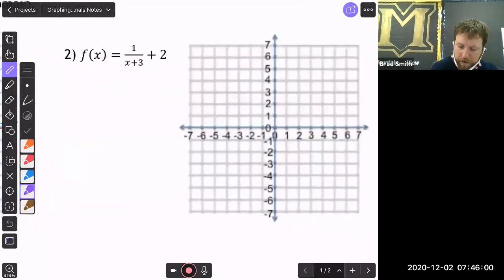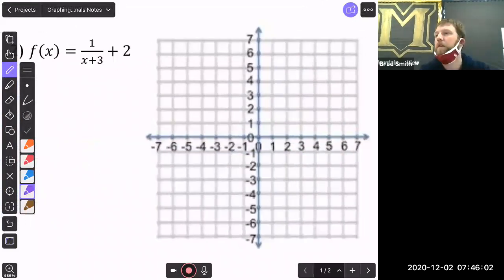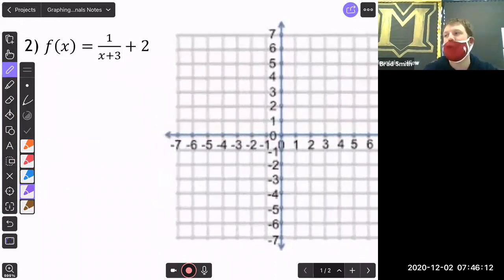All right, let's look at number 2. So finding all of my information here, nothing can be factored. So holes, I don't have any. I just like to write it out of habit.